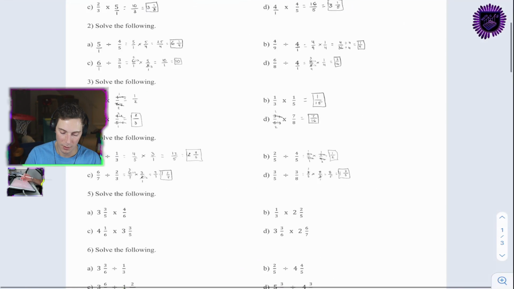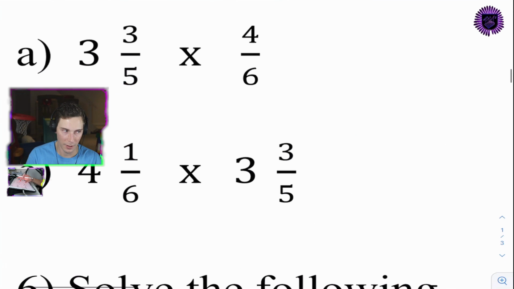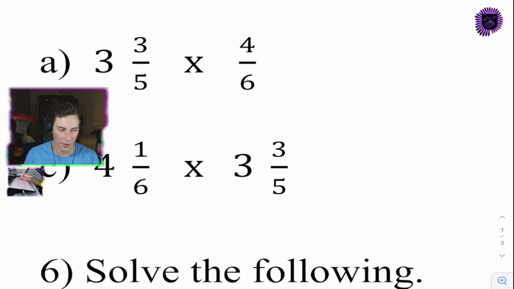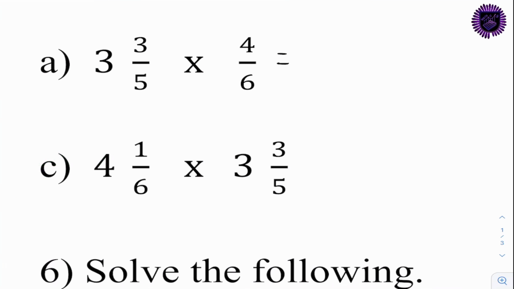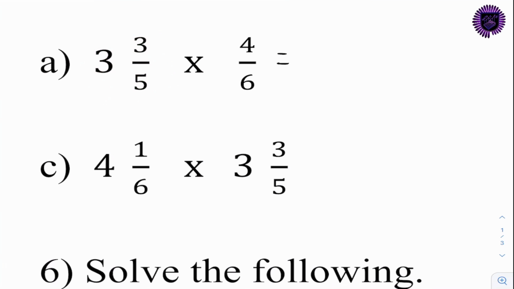That's it. 5a. Try not to cover the camera. Okay, extra steps here. Show you what I do. Why don't I just get out of your way altogether? What I'm going to do is convert this into an improper fraction first.